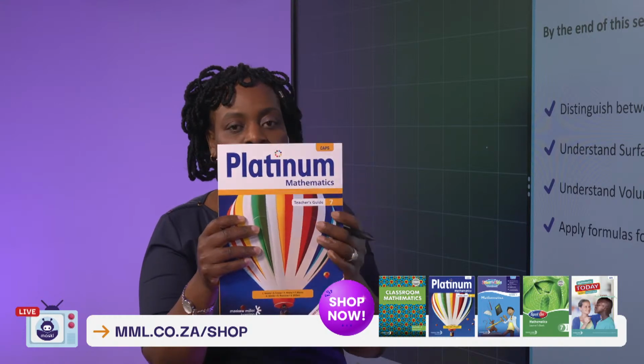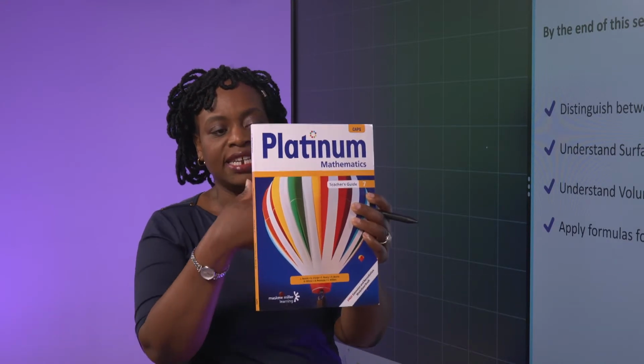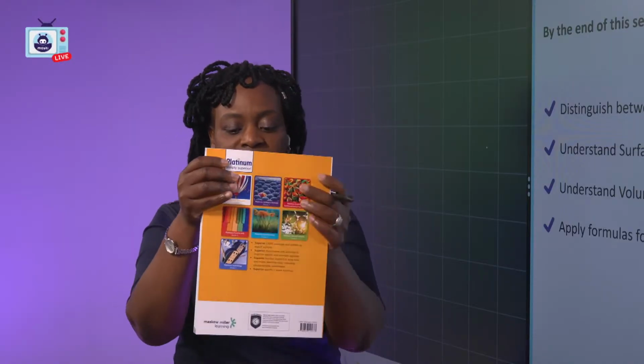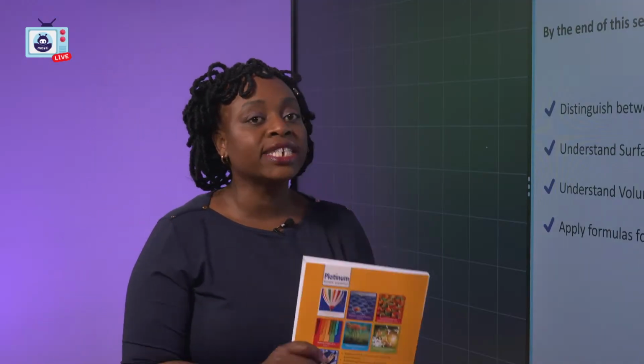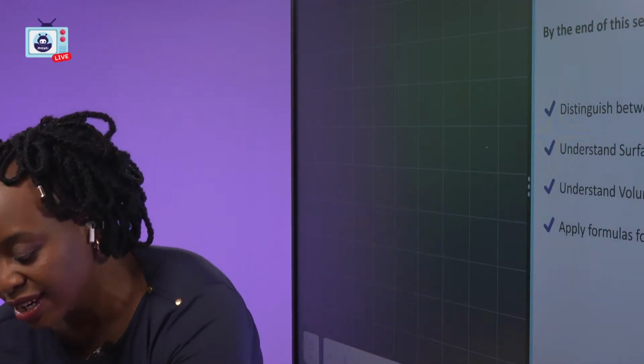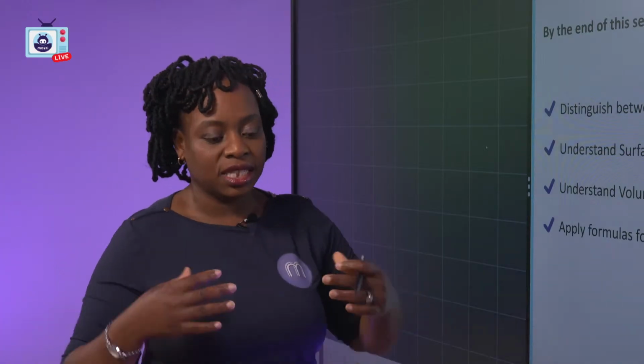So this becomes your rectangular prism, because it has rectangles all over, and if you put it down, it lands on its rectangle.